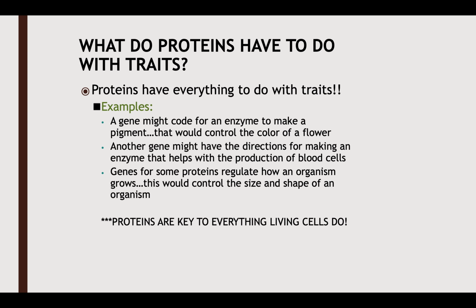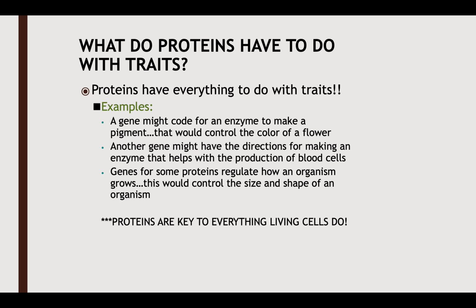So what do proteins have to do with traits then? Proteins essentially are traits. So you might have a gene that has the code for an enzyme, and that enzyme makes the pigment that makes the color of a flower. Your eyes are the color they are because of a protein. Your blood type is the type that it is because of a protein.